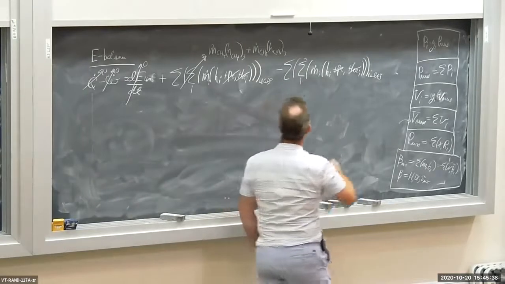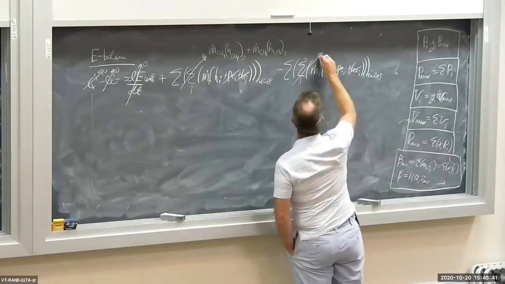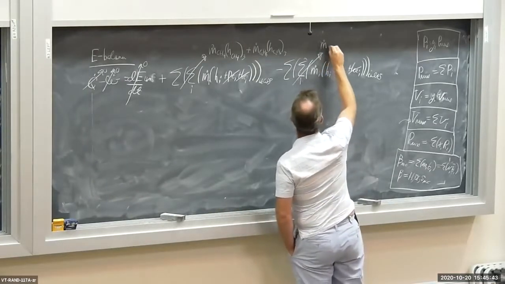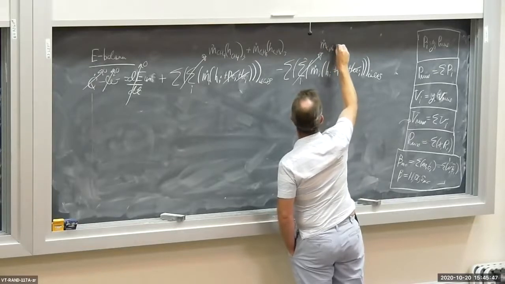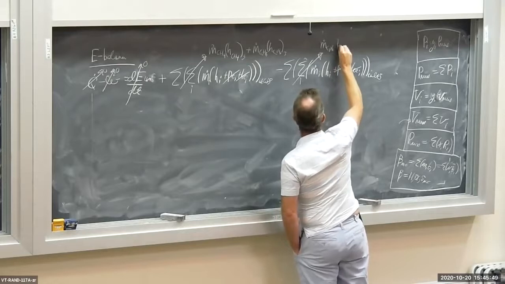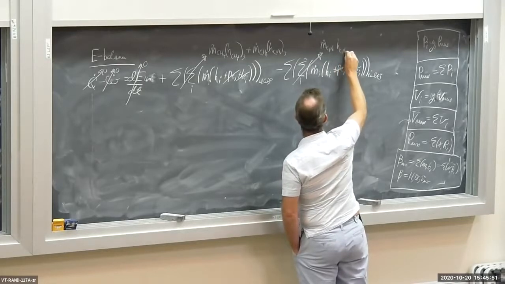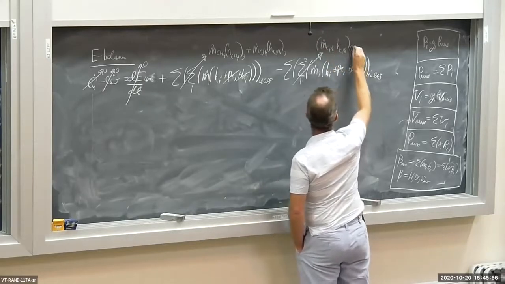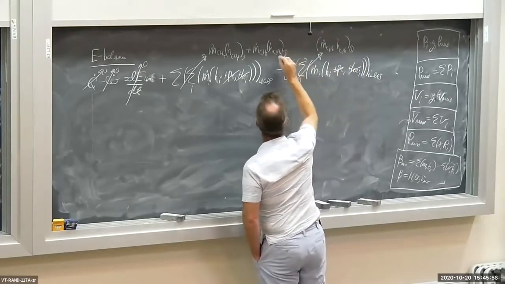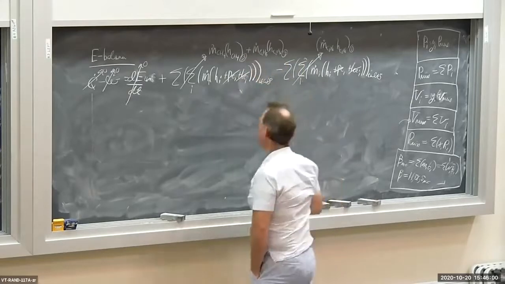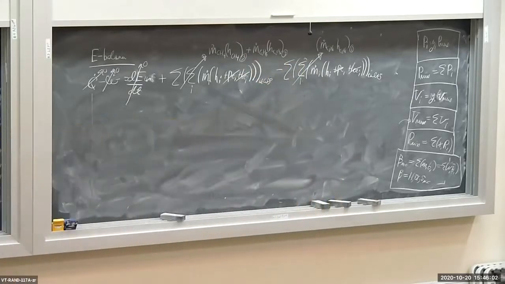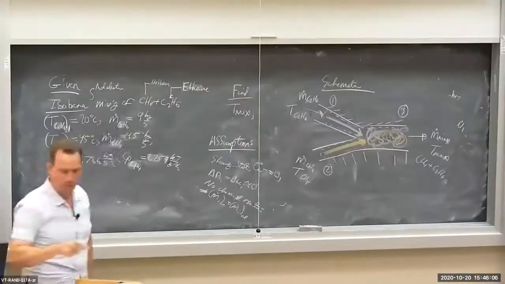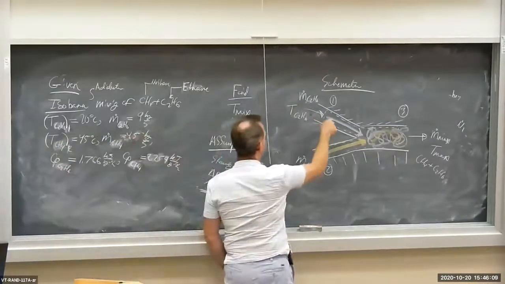So this second term here is m dot C2H6 H C2H6 at the inlet, and the inlet port for the ethane is port number 1. Port number 1 is where the ethane comes in, okay?